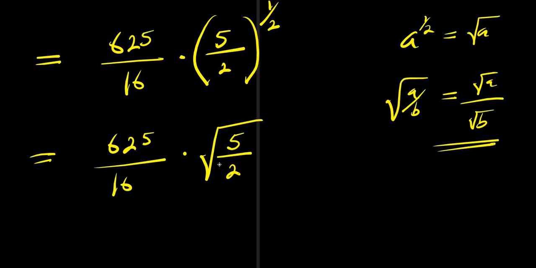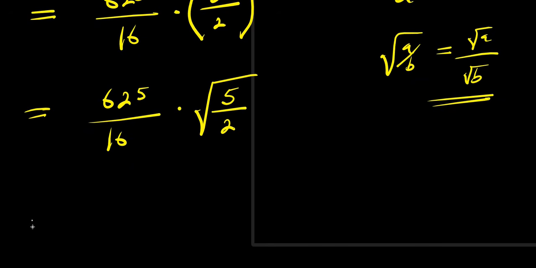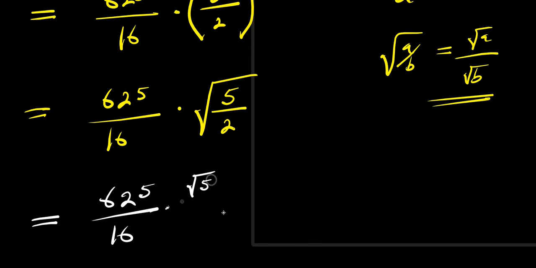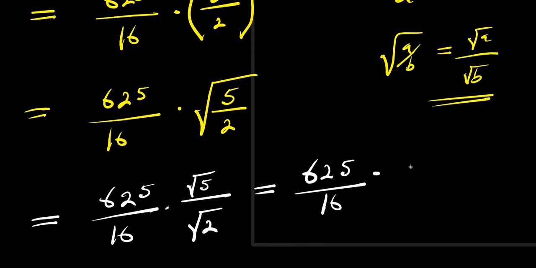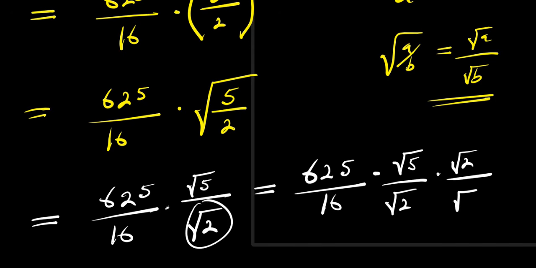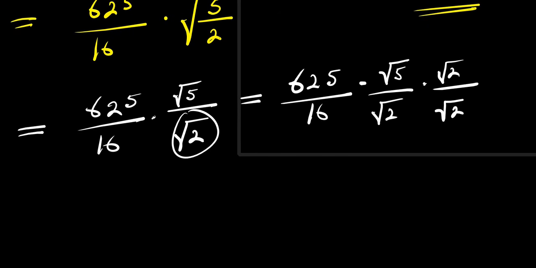So that means we are simply going to have 625 divided by 16 times square root of 5 divided by square root of 2. And from here, we can rationalize this. So we have square root of 5 divided by square root of 2 times square root of 2 divided by square root of 2. So that is the meaning of rationalizing the denominator.